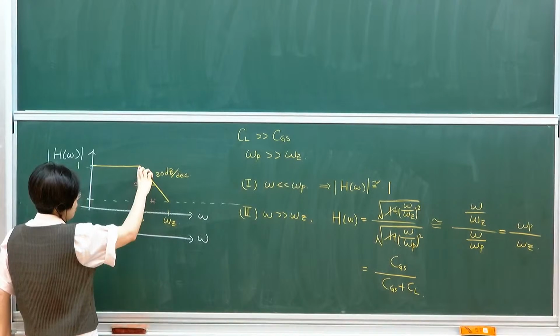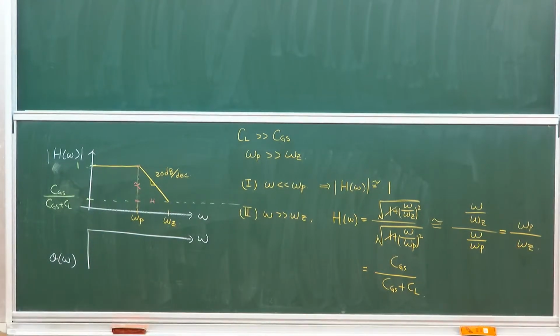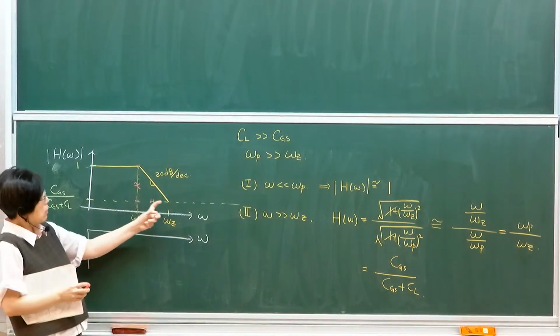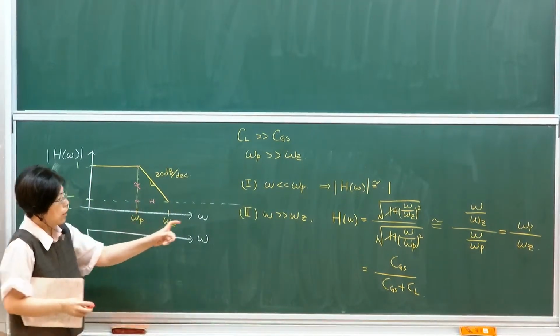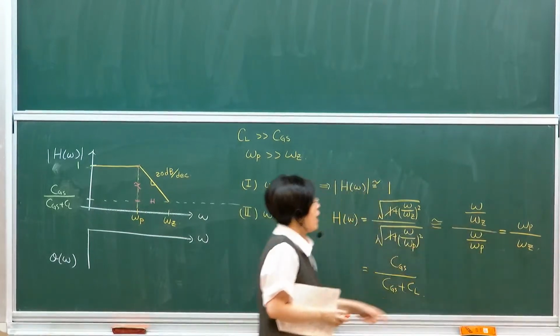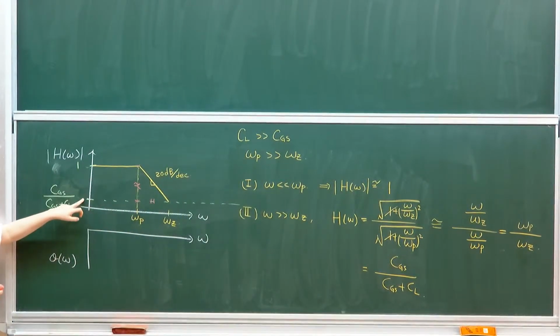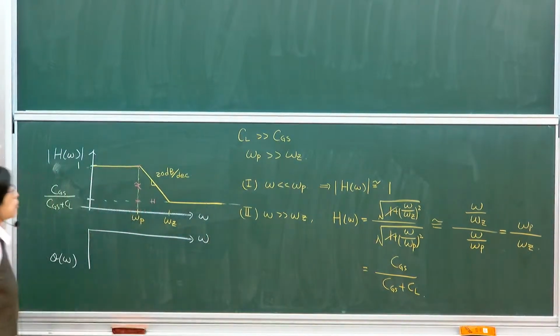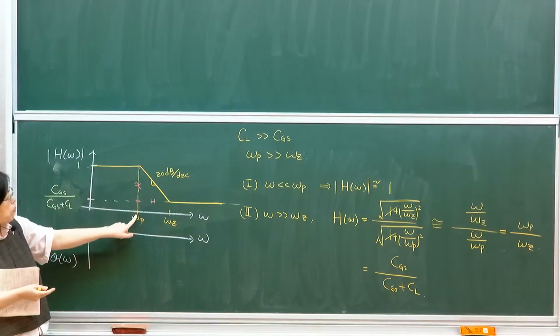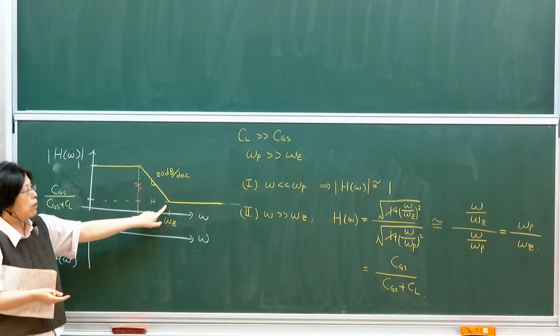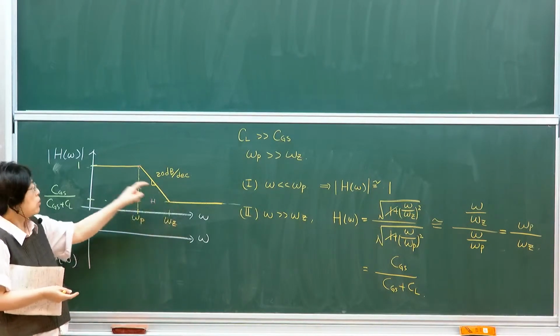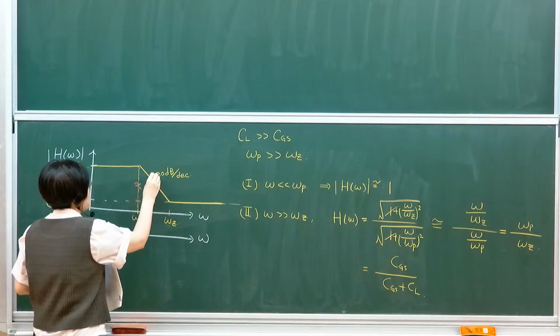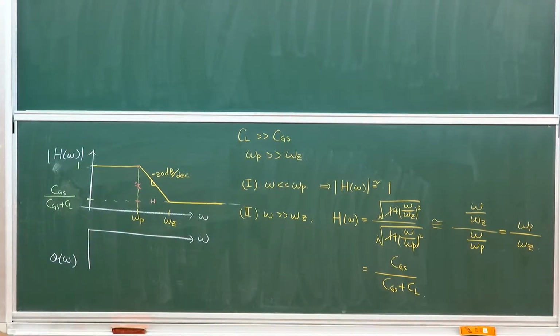So how much it gains equals how much it drops, right? The ratio between omega z and omega p is the same as the drop in gain, the same ratio. And then it will flatten out because it hits 0. Once again, Bode rules: start with gain as 1, it hits a pole, drop 20 dB per decade, hits a 0, return to flat. So it should be a minus. Okay?